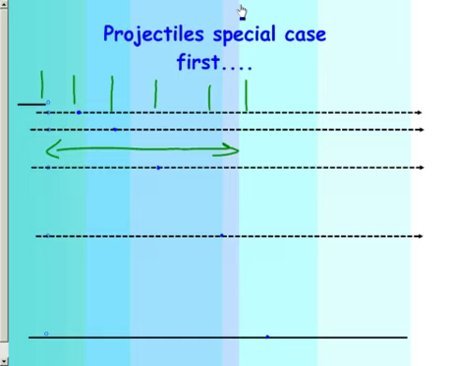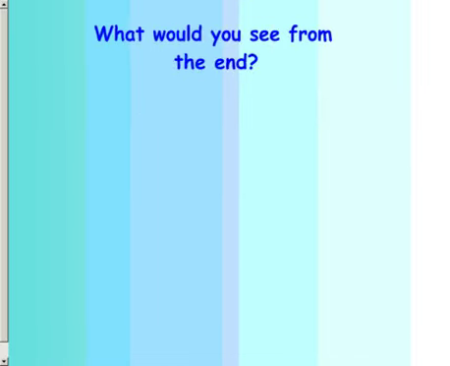So I have a question for you. If you were to go to the end of this board and look at it from the edge, what would you see? Well, you'd see these marbles falling straight down.